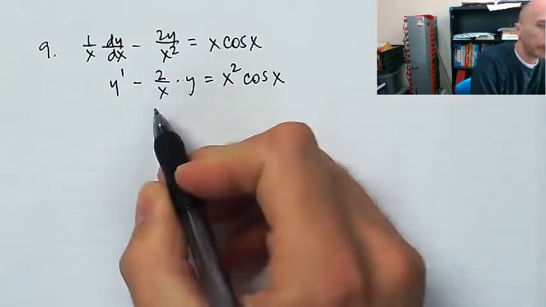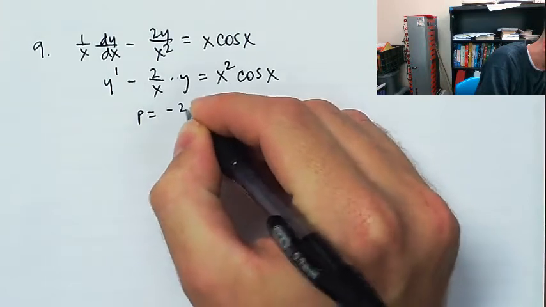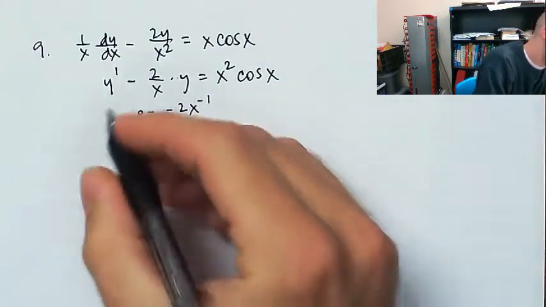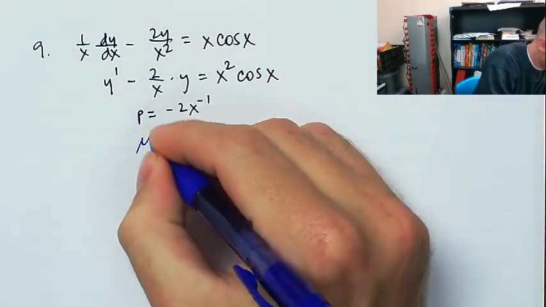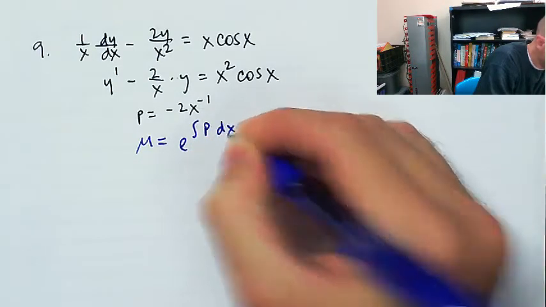Now, p of t is going to be negative 2 over x. And we know that the integrating factor mu is e to the antiderivative of p with respect to x.